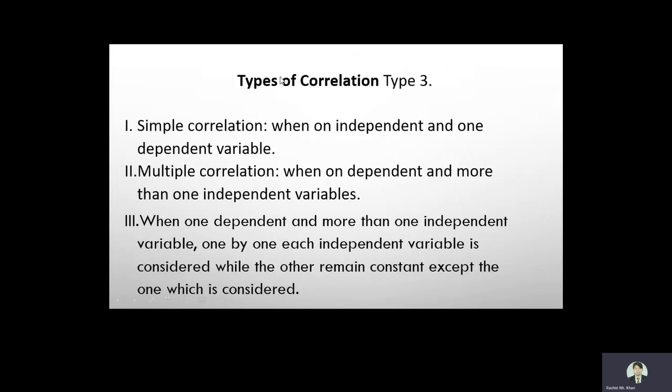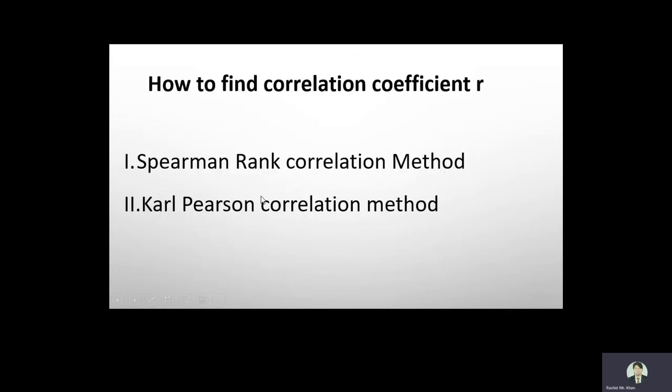The third type is simple correlation, with one independent and one dependent variable, and multiple correlation, with one dependent and two or more independent variables. To find the correlation coefficient in SPSS we use the Spearman rank correlation method and the Karl Pearson correlation method. These are the tests we use for analysis of the correlation coefficient.